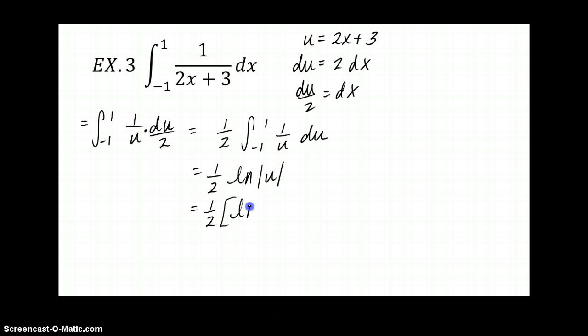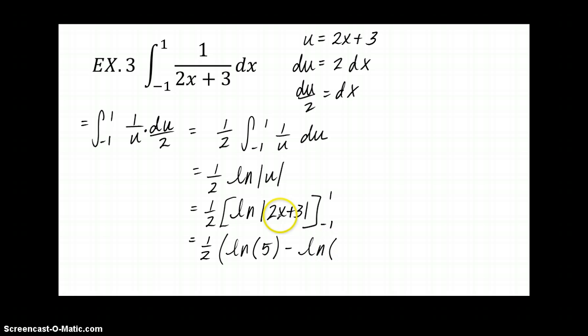So 1/2 ln of the absolute value of 2x plus 3, and I'm going to evaluate that from -1 to 1. So I like to keep the coefficients out front. Natural log, when I plug 1 in, 2 plus 3 gives me natural log of 5, minus the natural log. When I plug -1 in, -2 plus 3 gives me 1. So 1/2 ln of 5 would be my final answer.